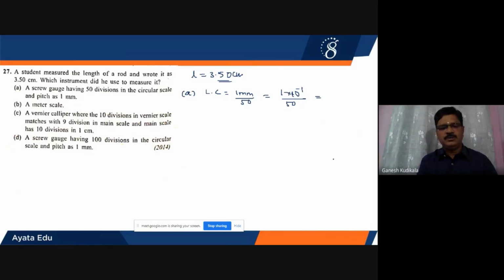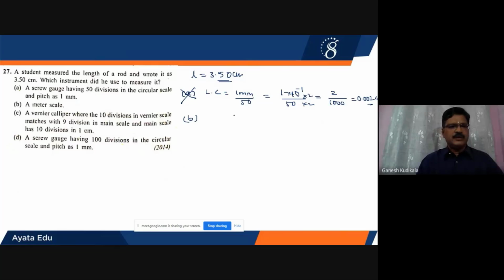Here I can do one small calculation: let me multiply with 2 and divide with 2, so simplification becomes easy. So it is 2 by 100, the denominator getting one more zero. Therefore you get 0.002 centimeters. So the third decimal is possible, but he's going up to the second decimal. Therefore it cannot be the first option.